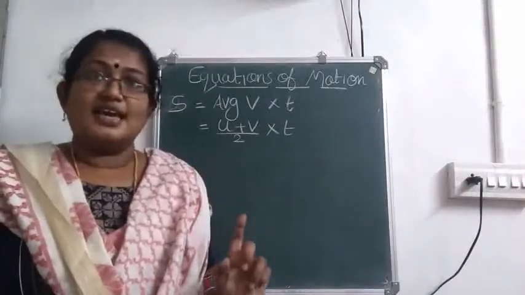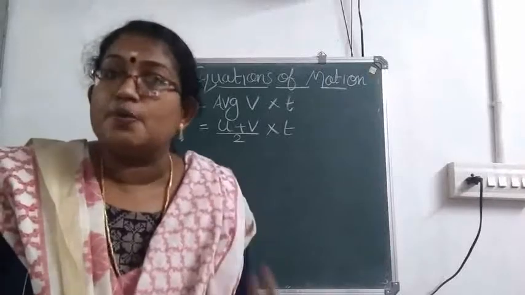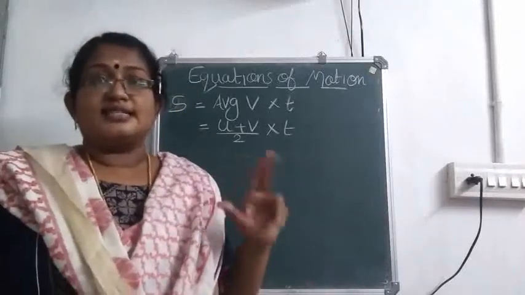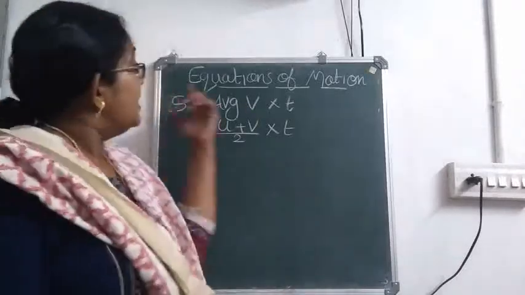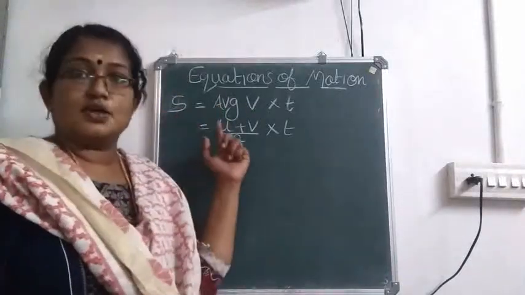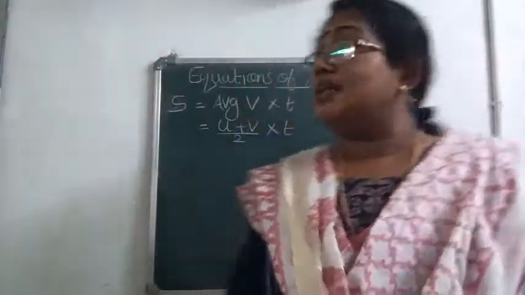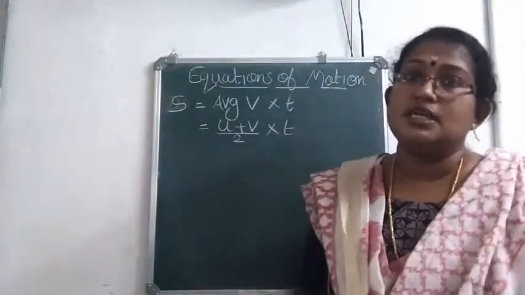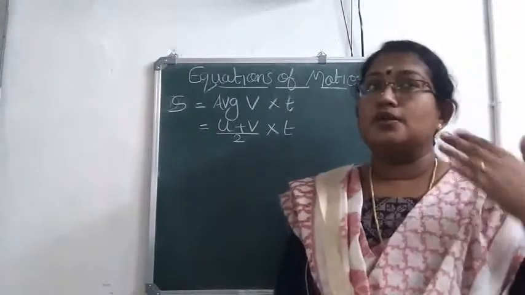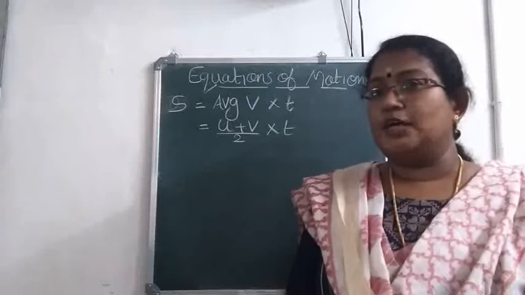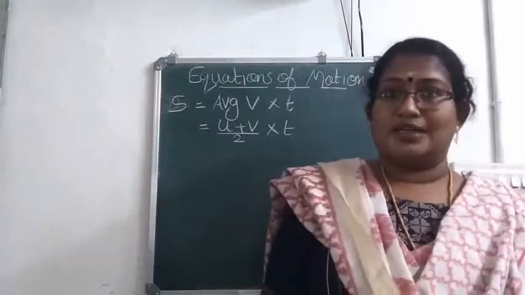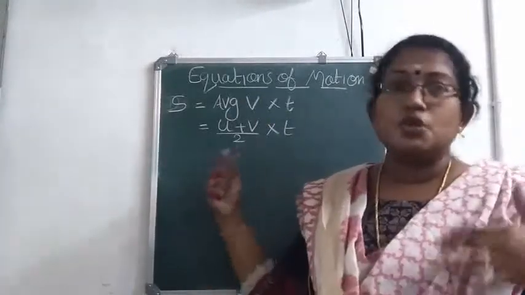Okay, so once again we are moving to our second equation of motion. In the second equation of motion, we have the distance or the displacement. That is why I started like this. Okay, distance or displacement is equal to average velocity into time. We already know that velocity is displacement by time and average velocity will be equal to total displacement by total time. So that equation is used by us.